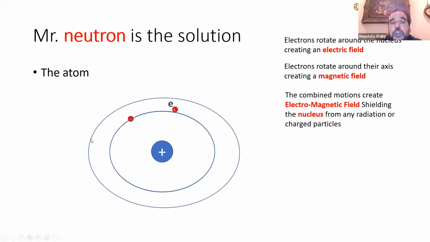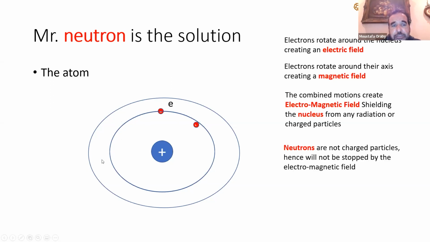So if there is any charged particle, it will be very difficult to get in, because the atom is protected by its own shield of electromagnetic field. It requires more energy to get into this. But Mr. Neutron is not a charged particle, so it will not be affected heavily by the electromagnetic field.